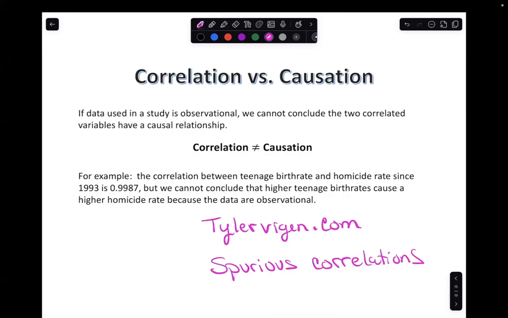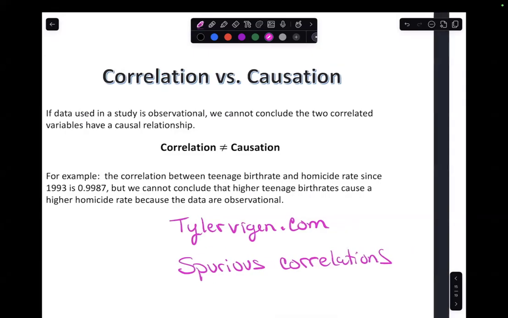Some of them are identical. It's so weird. I know they don't have any reason to correlate, but it's funny. Yeah, I've spent way too much time on that website. Way too much time on that website. And there's a ton of them that have to do with margarine, and I don't know why, but it's just hilarious.